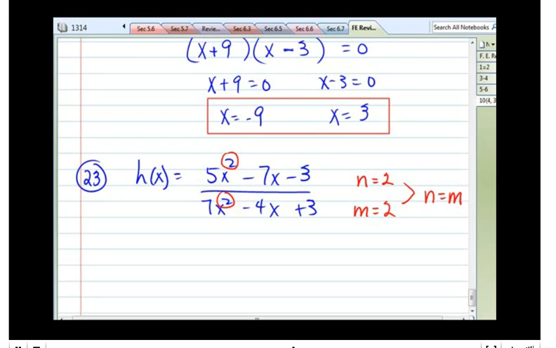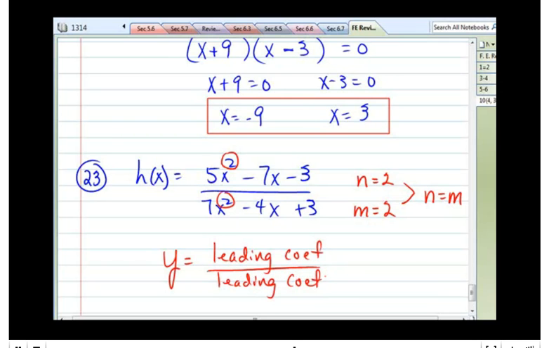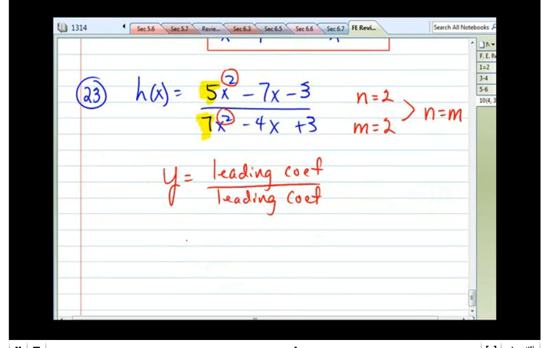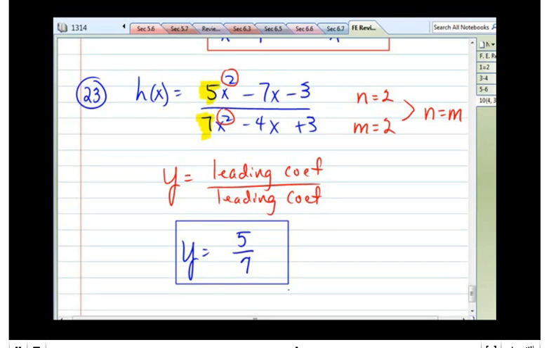When you look on your formulas and model sheet, that says your horizontal asymptote is the leading coefficient over the leading coefficient. So we're looking at this number and this number. So y is 5 over 7. And that's your answer. Question on that one?